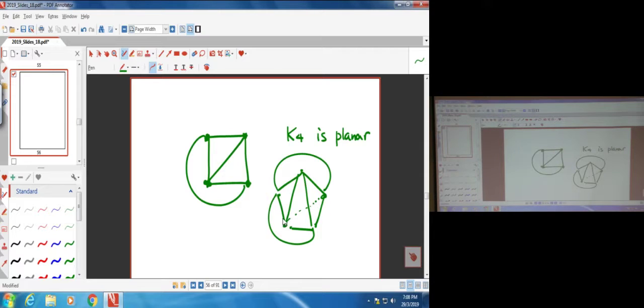So you have to cross, right? Either you cross here or you cross with the other one. So K5 is not planar. The example shows there are graphs which are so complicated that you cannot draw them on the plane without crossing edges. However, the graphs induced from a map are all planar.